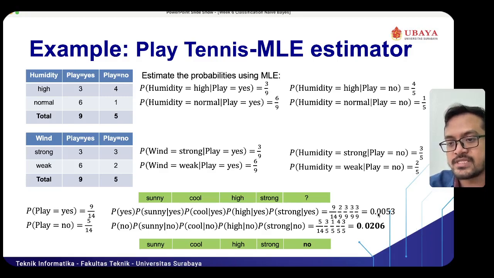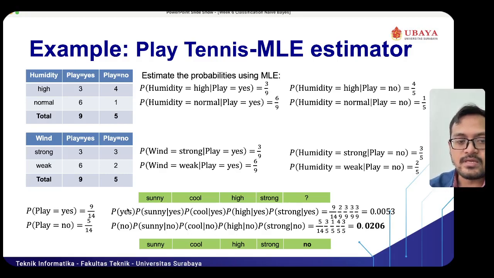we have 0.0053. And for playing tennis equals no, because we have 14 different events in our training data set, it will be 5 divided by 14, and the probability of not playing tennis is 5 divided by 14 multiplied by sunny and no, cool and no, high and no, and strong and no. Then we have 0.0206.